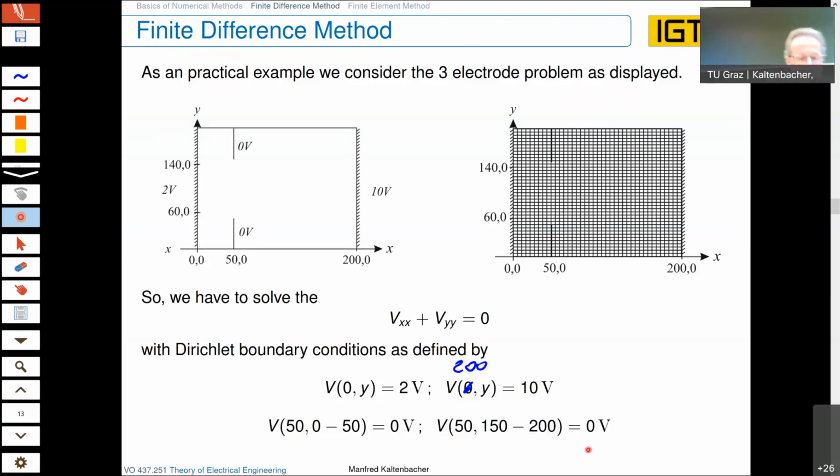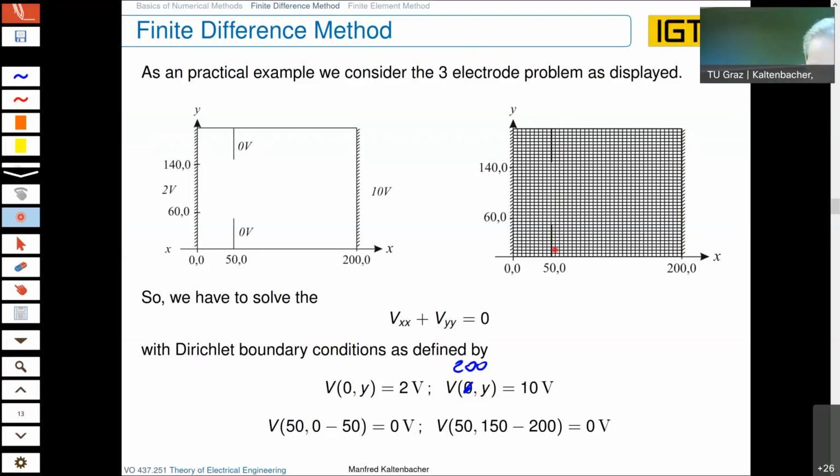We have our boundary condition, we have our Laplace equation for the electrostatic field, and we can now solve it with the finite difference method. We can nicely do such a discretization with equally spaced elements, and we clearly check that along this line we know the boundary condition, and along these two small ones.